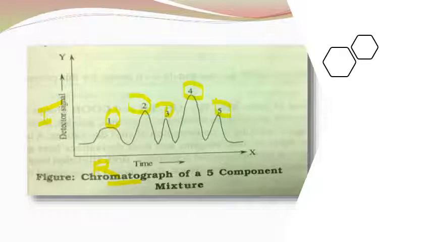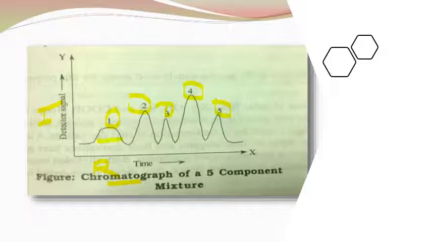So according to the retention time we have the constituents, and our sample contains 5 constituents because we are getting 5 peaks. On the basis of their retention time and the number of peaks, we can do the qualitative analysis, identifying the constituents present in the sample.